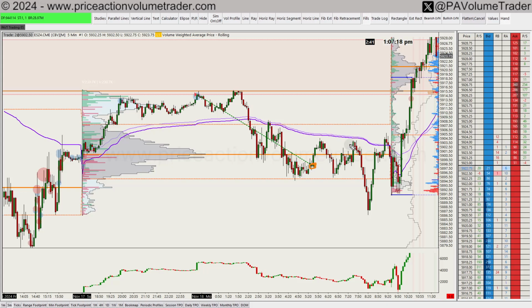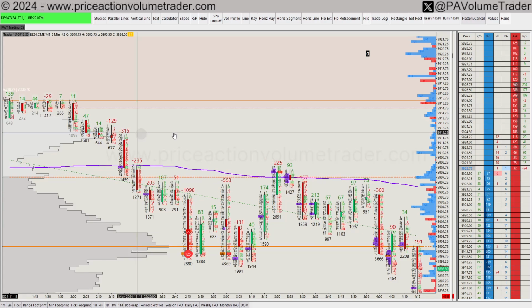It did push back up twice and did go down further, but you can see then once we opened on regular market hours, we just had a very strong push up. So let's go into the footprint chart and look at what happened here and what happened here too as confluence on the trade.